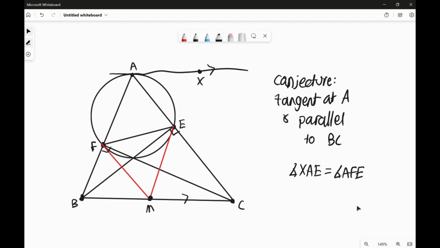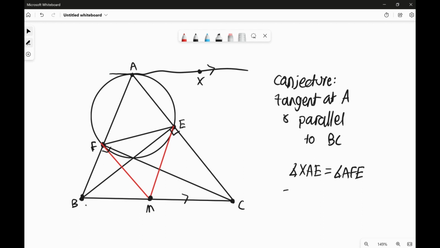So XAE is equal to directed angle XAC, and then this ends up being directed angle BCA, because directed angle XAC plus directed angle ACB is equal to 0 degrees. If you're confused about this directed angle stuff, I'll go ahead and put a link inside the description to a nice directed angles handout by Evan Chen, which will make things a lot clearer for you. But anyways, back to the problem.